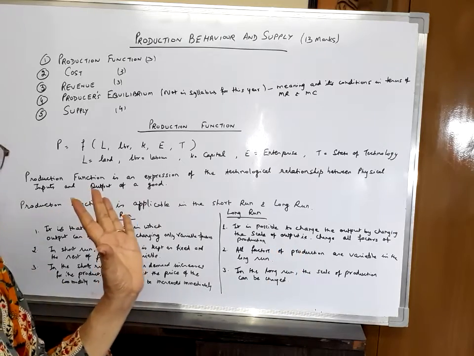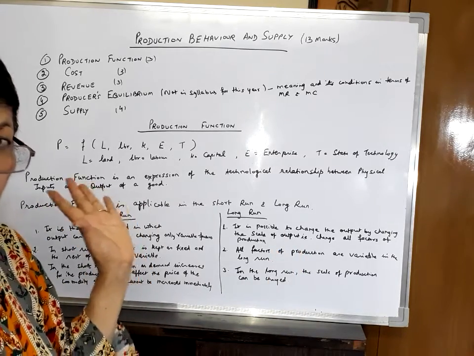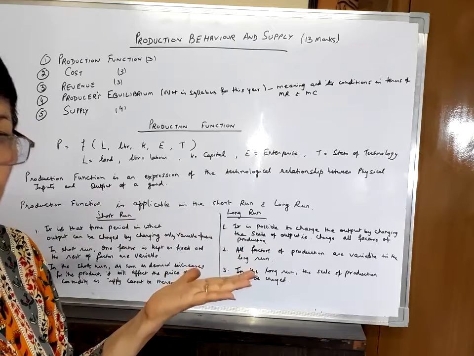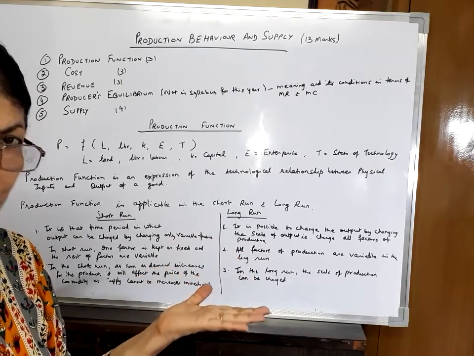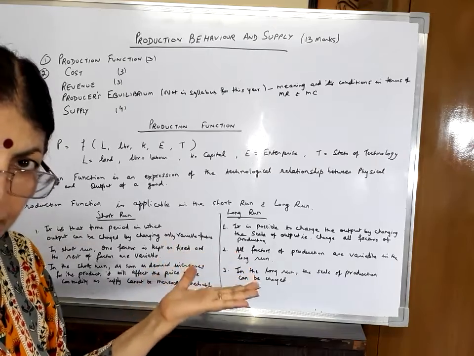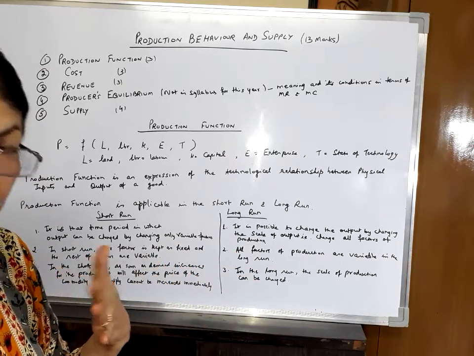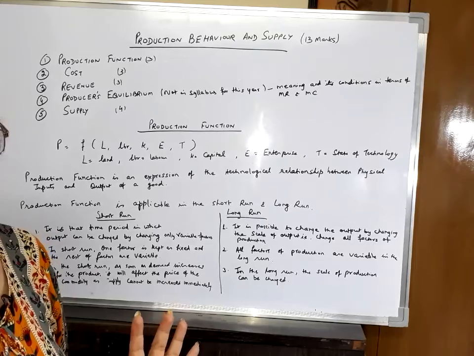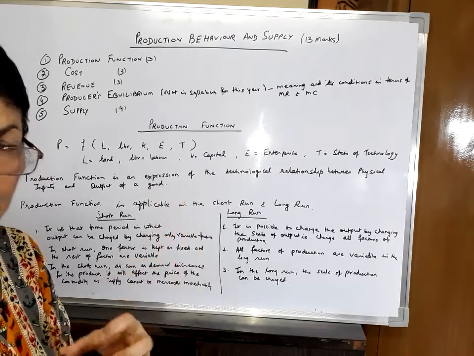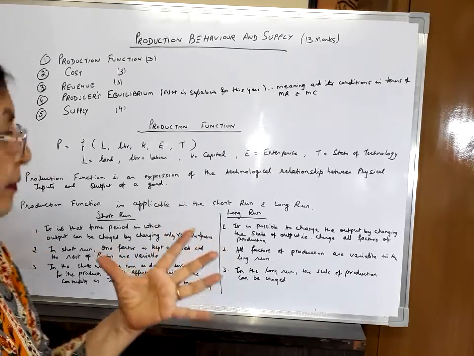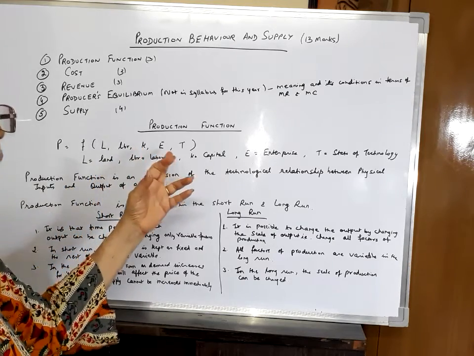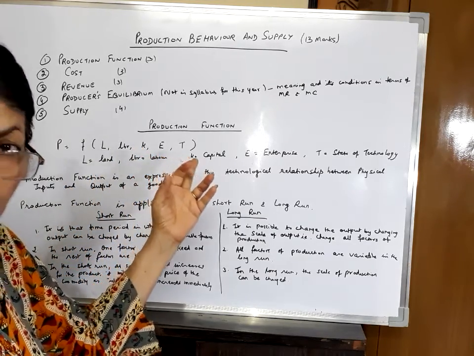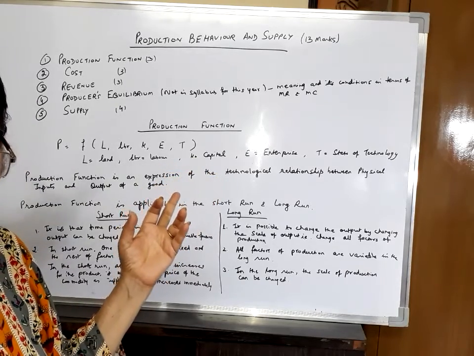So on the basis of time period, we can change our production or total output in the short period by altering the variable factor of production only. We cannot immediately increase land, we cannot immediately increase money invested or capital, we cannot increase enterprise, neither can we change our technology.